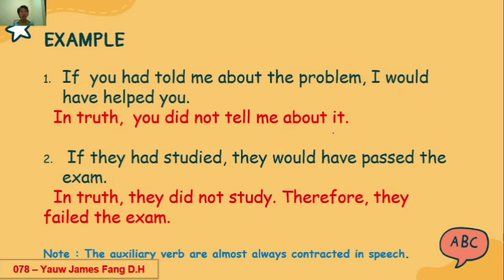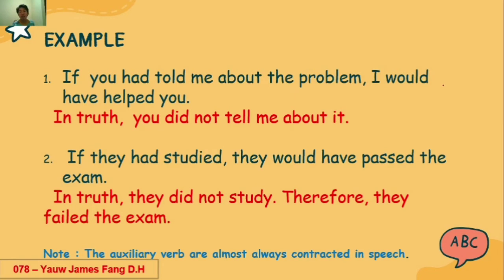Let's go to the examples. First, if you had told me about the problem, I would have helped you. On the left side is the if clause and the right side is the main clause. In the if clause there is if plus the subject you, and the past participle is had told, and me about the problem is the object.